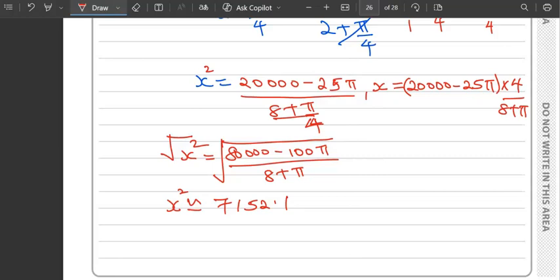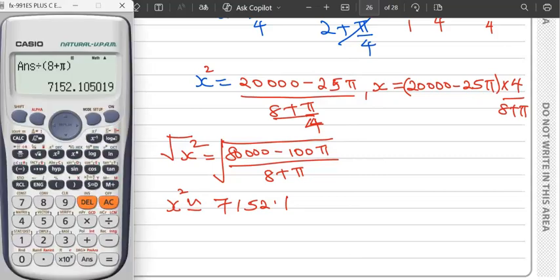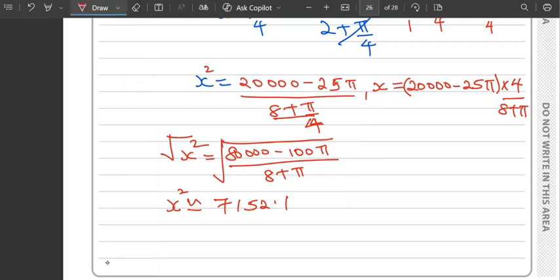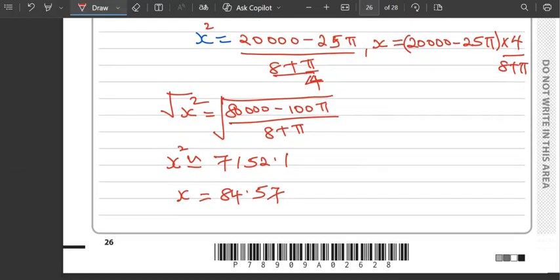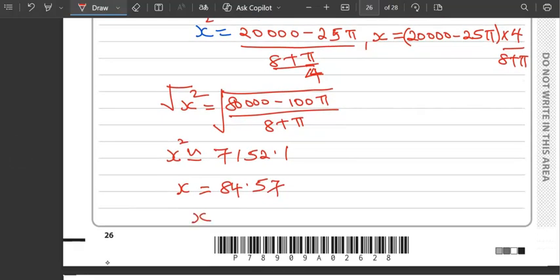Then for us to get the value of x, what we can do, I will want us to get the square root of this answer. So the square root is approximately 84.57, so x here is 84.57, but the question said to 3 significant figures, so it means x is approximately 84.6.